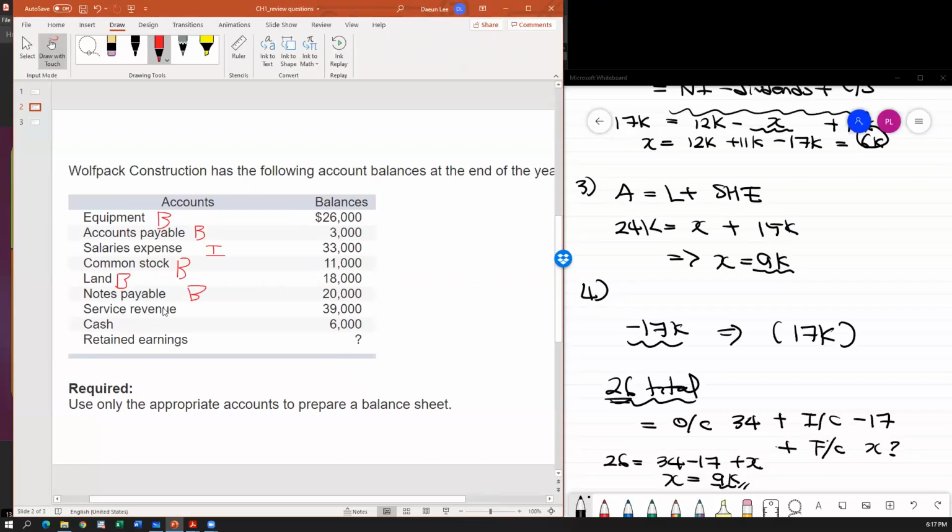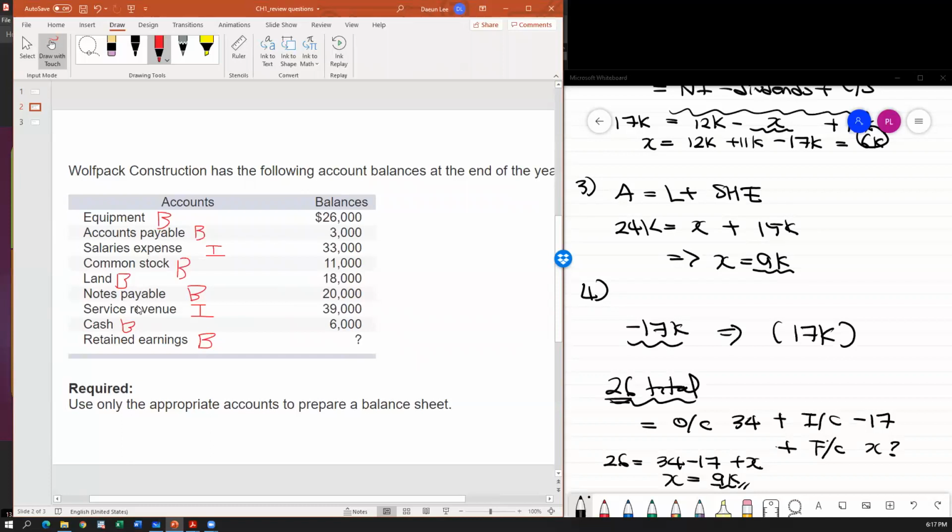Service revenue. Revenue should be reported under the income statement. Cash is a balance sheet item. Retained earnings is a balance sheet item, but it is also reported under the shareholders' equity statement. Again, use only the appropriate accounts to prepare a balance sheet.